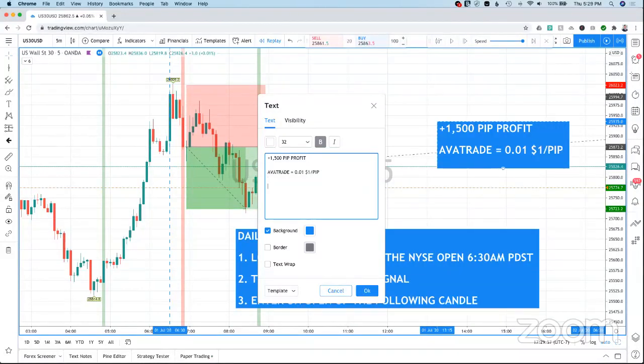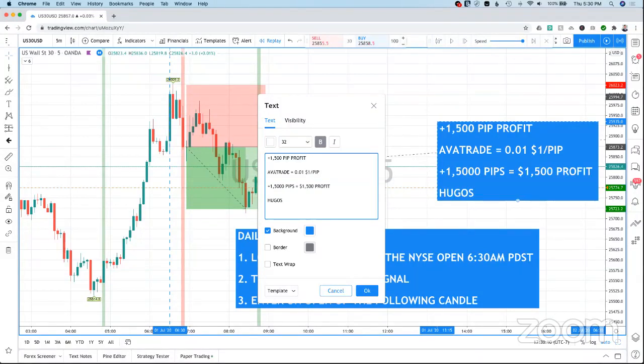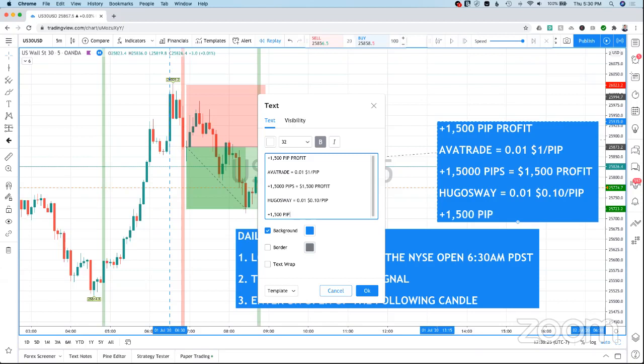So if you have plus 1500 pips, that would be equivalent to $1,500. It really depends on your broker. If you're trading on Hugo's Way, 0.01 is going to be 10 cents per pip. So even with that win, 1500 pips would equal 150 bucks profit.